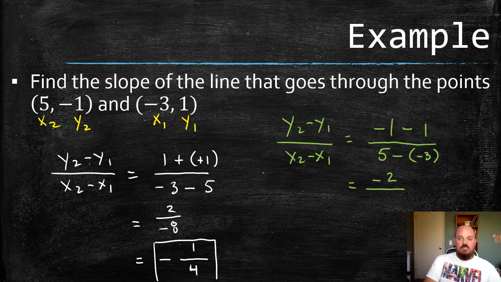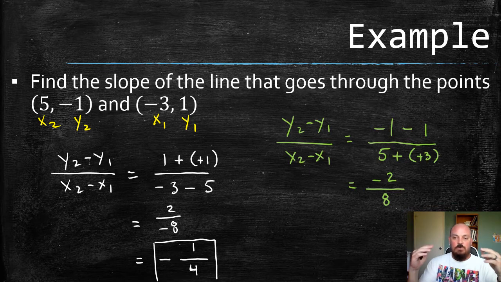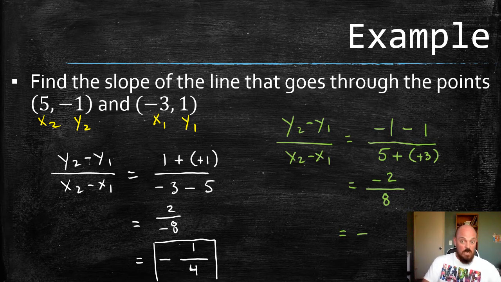And on bottom, this time I get the minus a negative. 5 minus a negative 3 is the same as 5 plus 3, which is positive 8. Now what you notice, we got the exact same numbers, 2 over 8. And the answer is the same because last time the negative was on bottom, and this time the negative is on top. But it doesn't matter, because negative divided by positive, or positive divided by negative, is negative, and 2 over 8 reduces to 1/4.